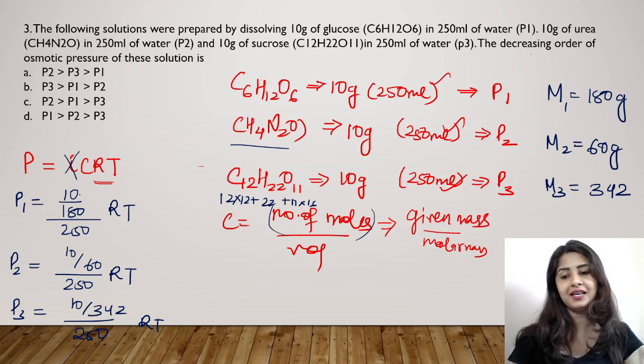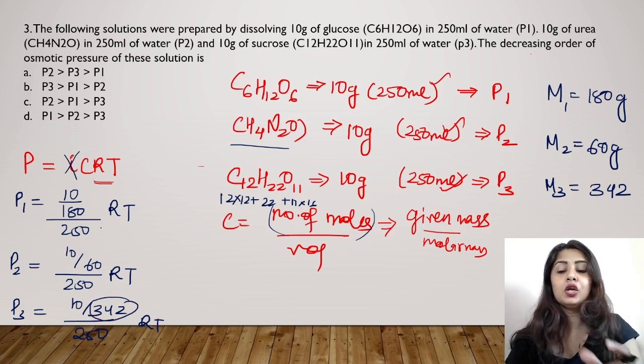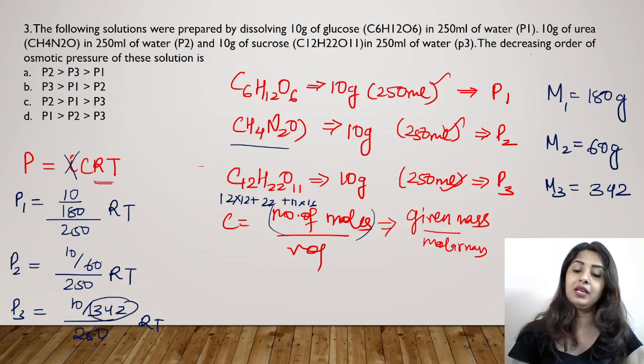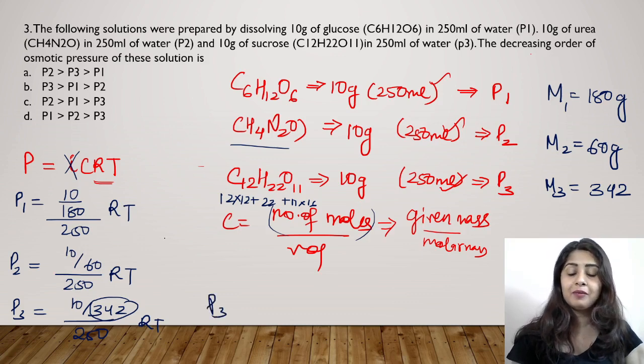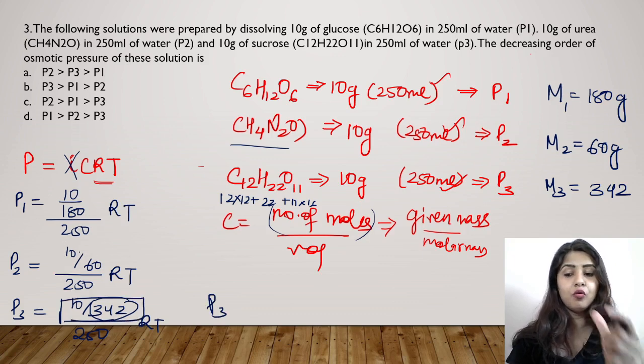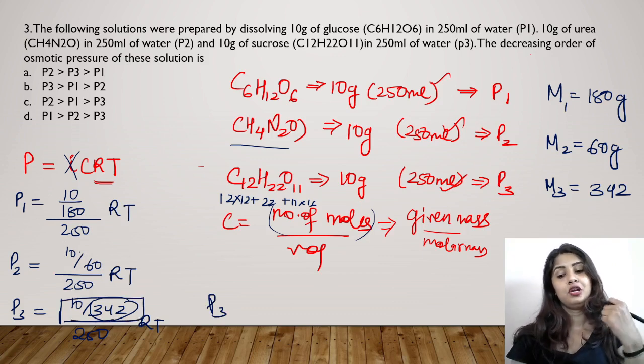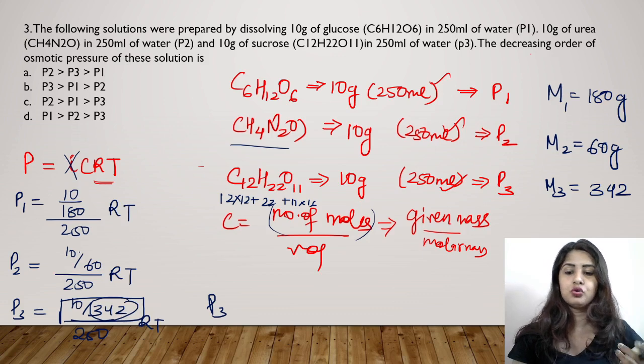You can easily guess it. If the denominator is higher, the value of the whole term, the number of moles, will be lowest. So P3 will be the lowest. This is because the number of moles will be lowest for sucrose, right?